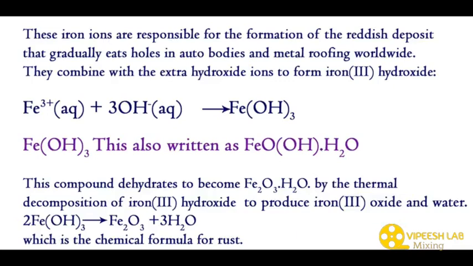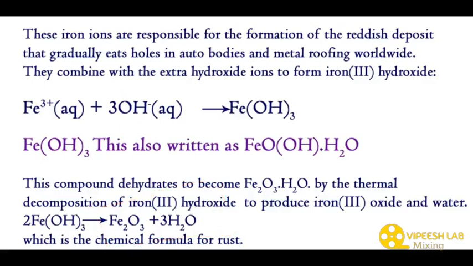And now look at how this reaction takes place. Look at the equation. 2Fe(OH)3 gives Fe2O3 plus 3H2O. In the sense of the thermal decomposition reaction taking place, as a result they produce Fe2O3 plus 3H2O, which is the chemical formula for rust.